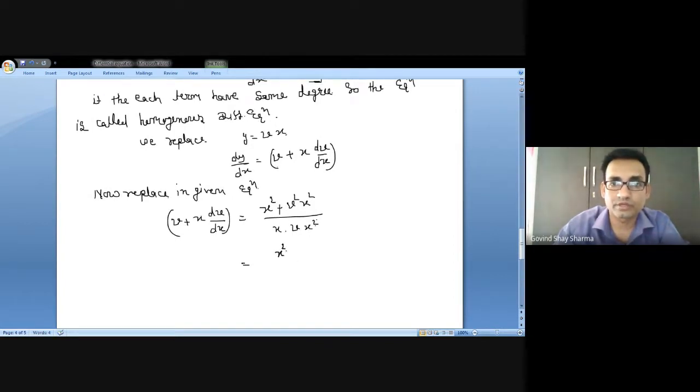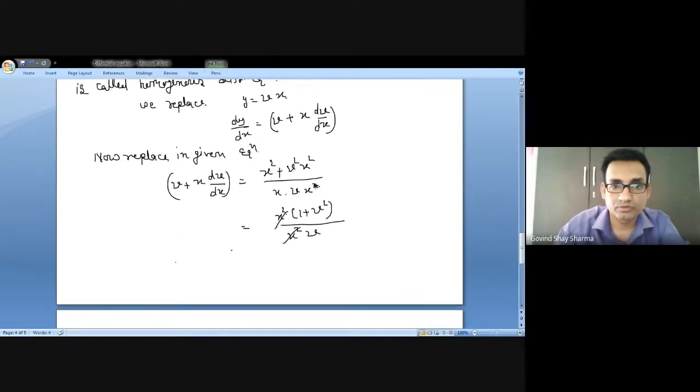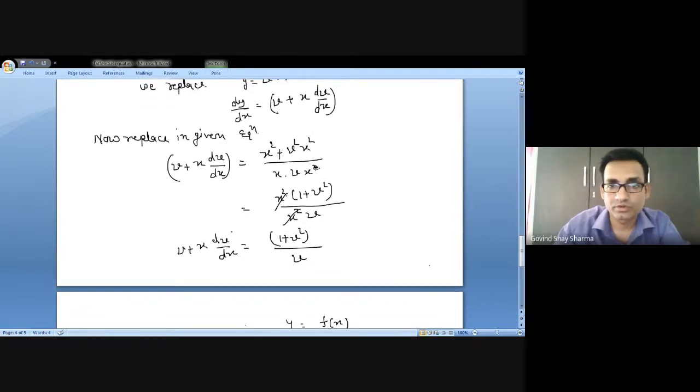So this equation becomes x dv upon dx equals 1 plus v square. We can solve it using the variable separation method.